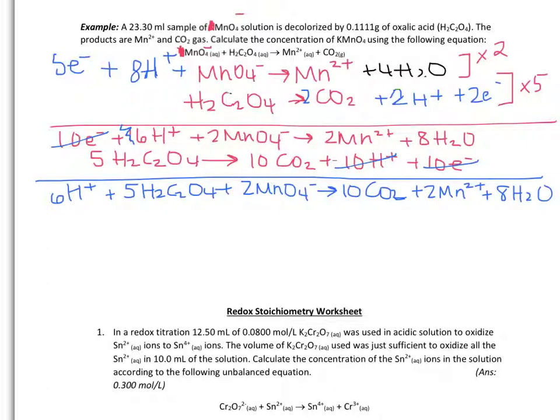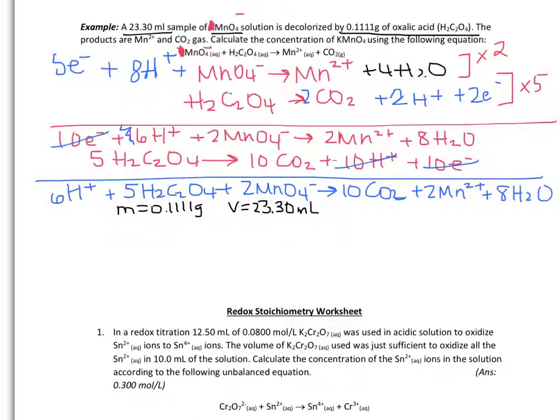We've now balanced, so we should write out what we have so we can see how we need to proceed with the stoichiometry. We have a 23.30 milliliter sample of MnO4 negative, and we have 0.111 grams of oxalic acid, so that's the mass.